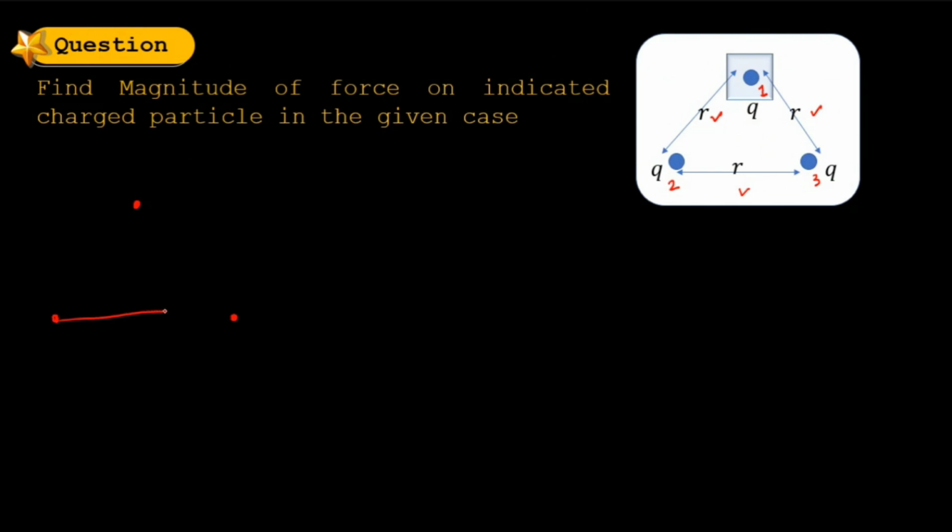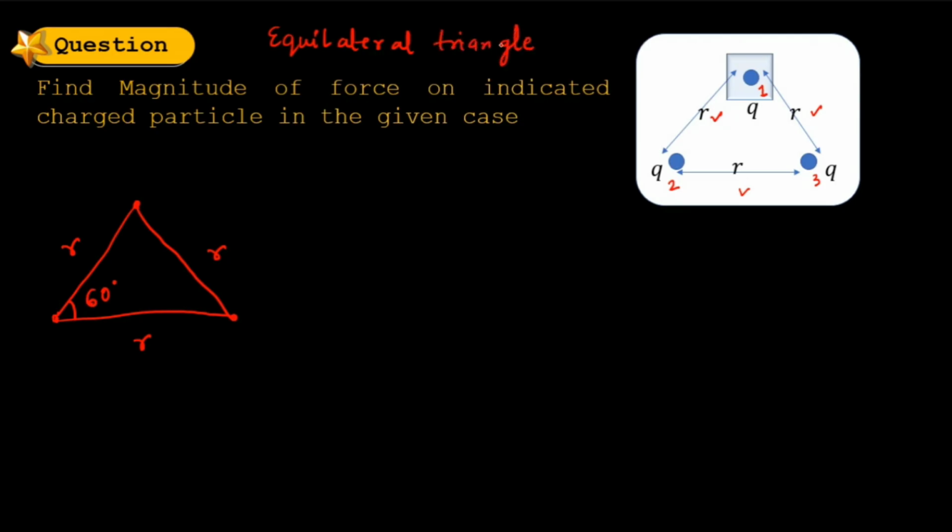Equilateral triangle. Yeah. A triangle which has all sides equal as well as all angles equal. So all the angles are going to be 60 degrees, and all the sides are also the same.